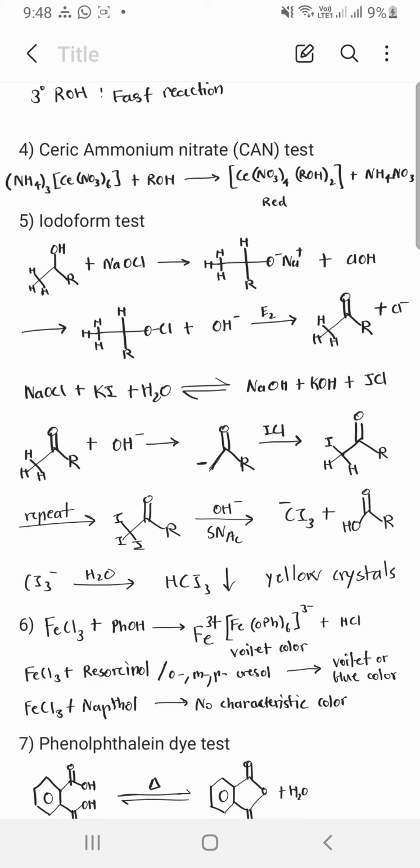So you can use NaOCl, KI, and H2O. Cool. So it's like ICl basically. It's not I2, but it's fine. Not a bad thing, because I2 would be even worse. You need to remove that HI in that case. So it's better if you just use ICl.